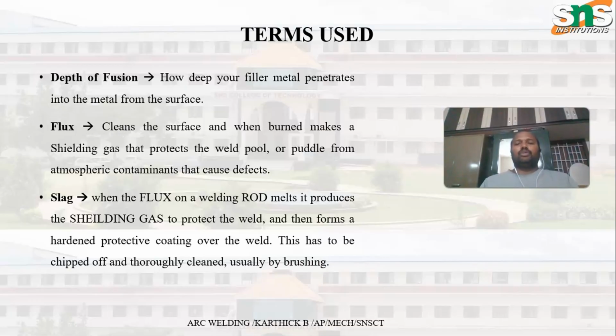In some welding processes we are not going to use any shielding gas. In that case the flux gets coated over the welded surface, so that the welding is completed with high quality. The next thing is that it mixes with the electrode while welding.